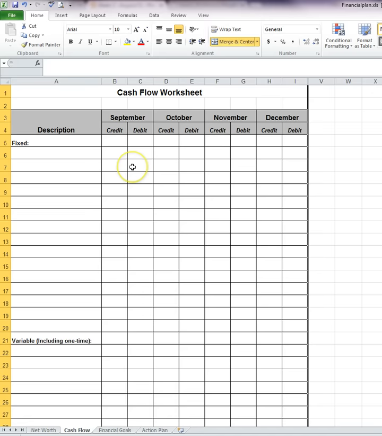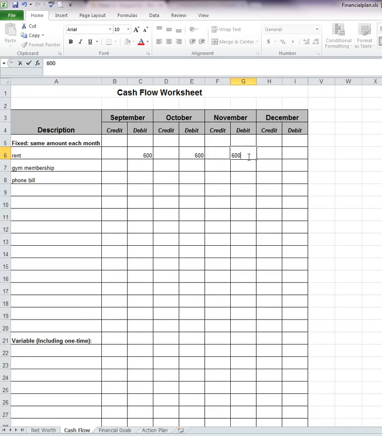Here's how it works. Fixed costs stay the same amount each month. So think about it. What's the same amount each month? A typical expense would be rent, might be your gym membership, it might be your phone bill, etc. So your rent, for example, as a debit is $600 a month, and it's going to be $600 a month for the next 4 months.